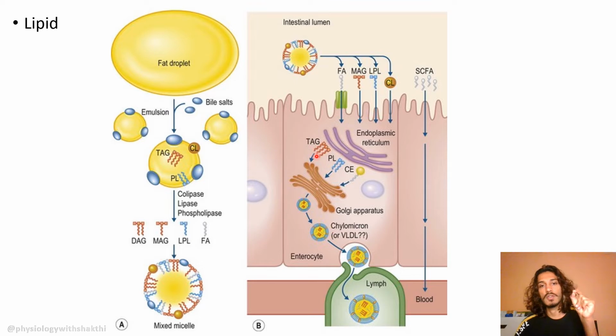So all these fatty acids, monoacylglycerol, and lysophospholipid get converted to cholesterol ester, phospholipids, and triacylglycerol, and they are coated with apolipoprotein by the endoplasmic reticulum and packed by the Golgi apparatus, and finally they go out so that they can go through circulation. This usually goes through the lymphatic circulation. This is why the whole process is taking place.